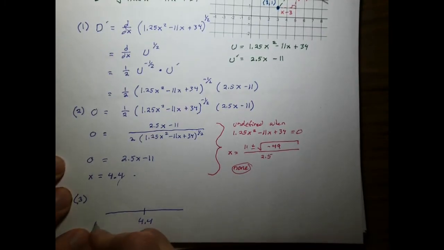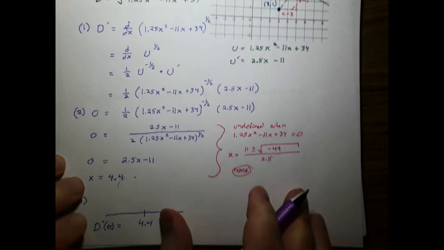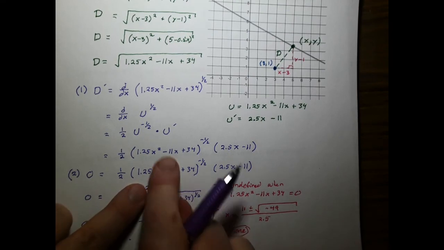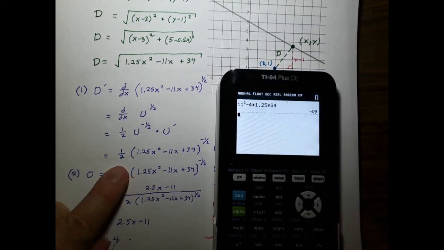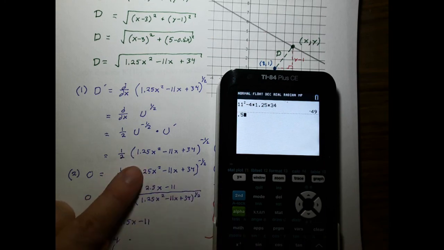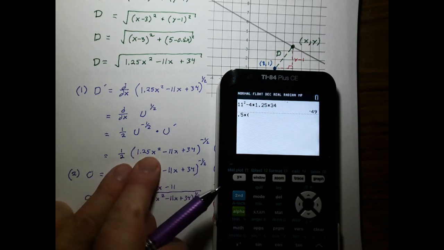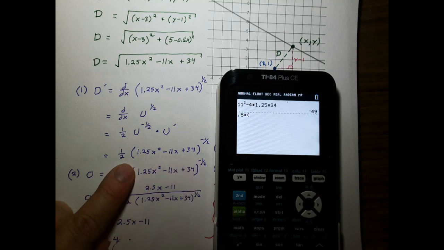All right. So if we test into the derivative, we could test, say, 0 should work. And we'll put that into the derivative. So 1/2 times, this will be 0, 0, and 34 raised to the negative 0.5.